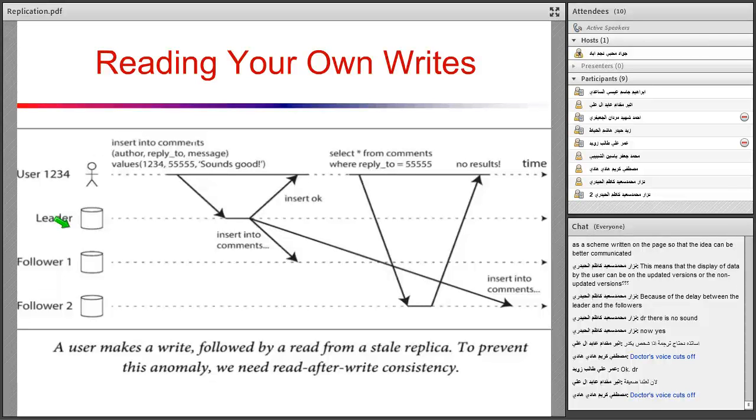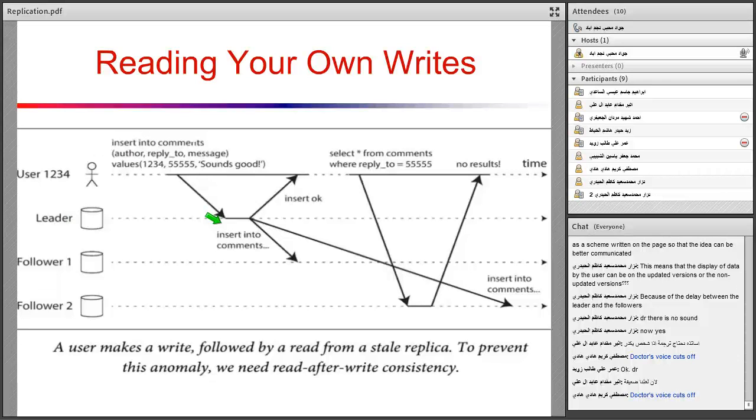The leader commits this query, and also sends the replication log, sorry, the replication change, to follower 1 and follower 2.